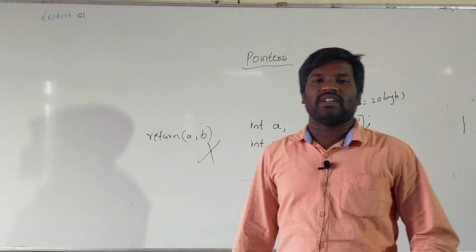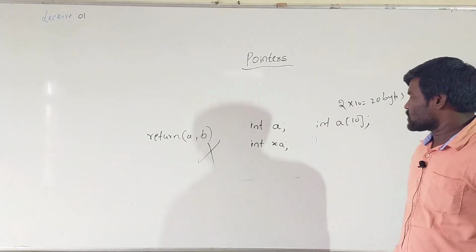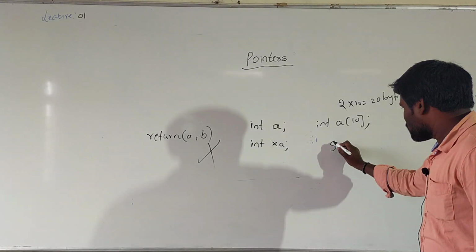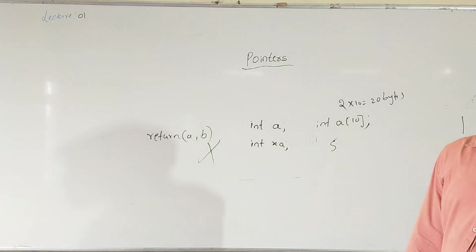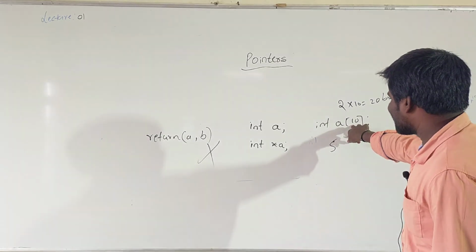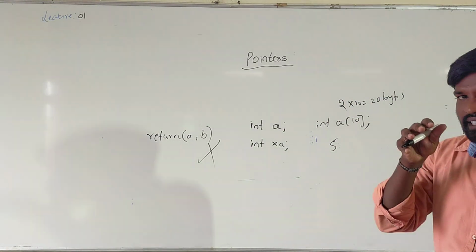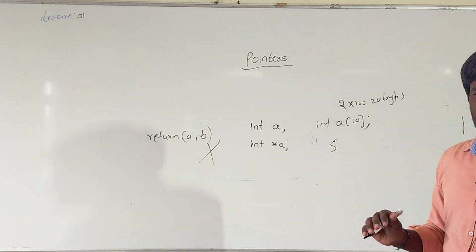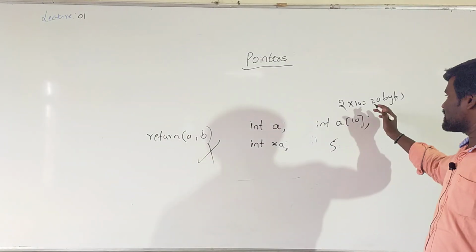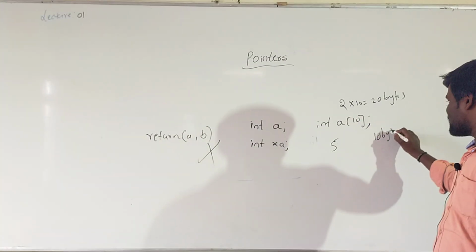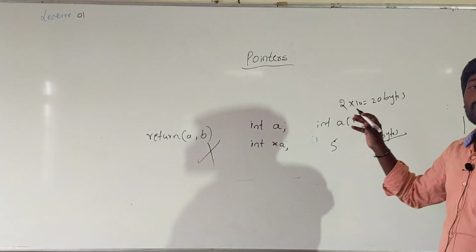At the time of executing the program, I can use only 5 values. The maximum capacity is 10 elements, but I can enter only 5 elements. The remaining 5 elements, that is 10 bytes, will be wasted.